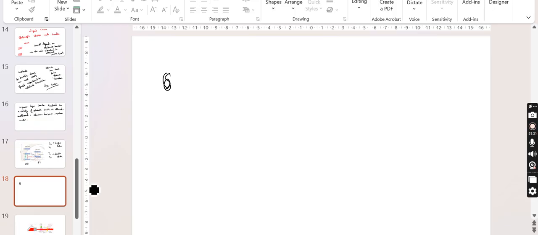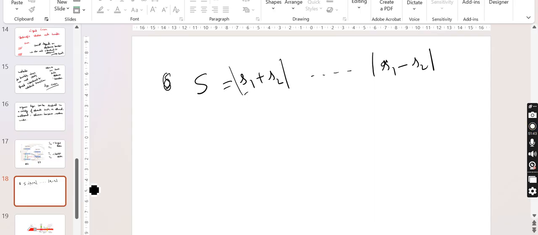So the capital S is S1 plus S2 to S1 minus S2. They are the spins of the electrons. So small s1 can be plus half and minus half, and s2 can have plus half and minus half.